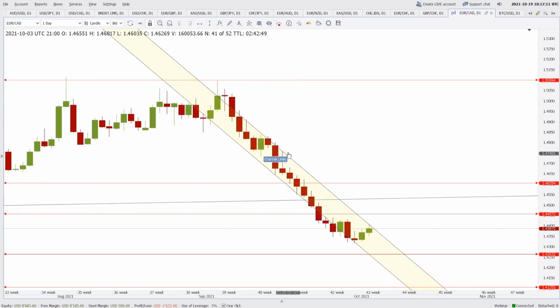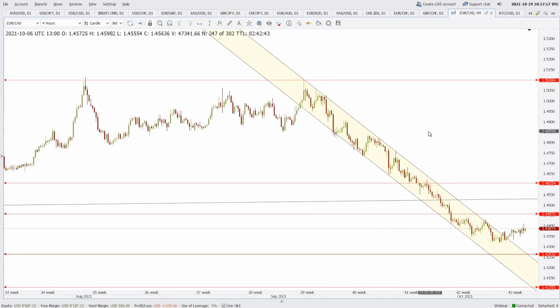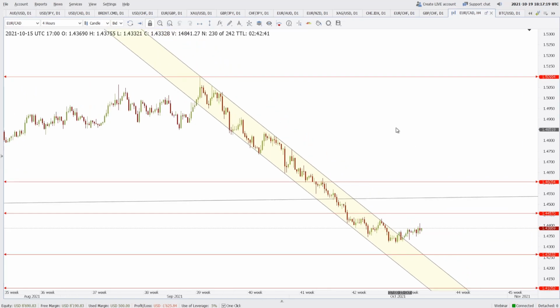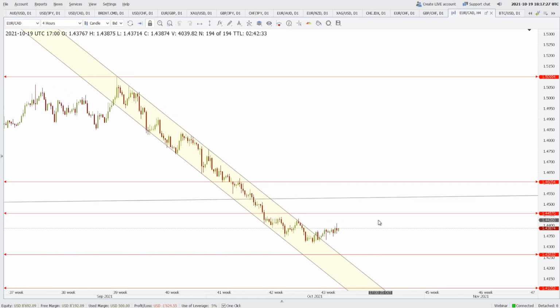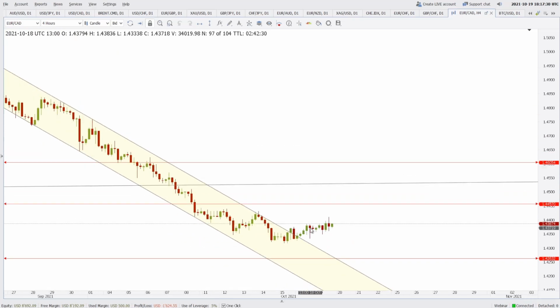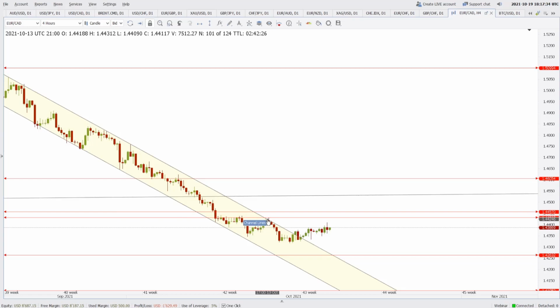EURCAD is moving in a small channel on the 4 hourly. You see here, the price has somehow managed to cross on the higher side. So you can see that the Canadian dollar is falling and the euro is rising, but this rise has not been able to close higher than this reaction high that the price has made.